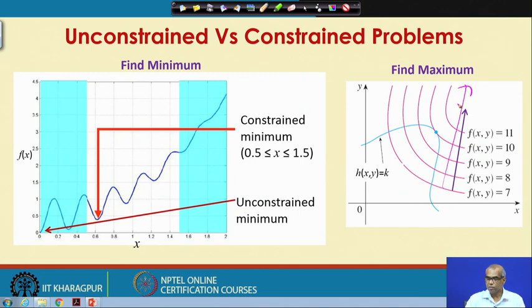We are considering the maximization of this two variable function, and we have this constraint, which is shown by this curve. Since we are trying to find the maximum, we must move in this direction.